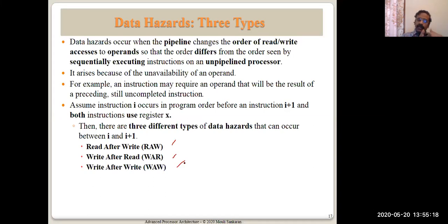Performance is impacted, but correctness is assured. You are stopping the instruction, so performance is affected, but you have detected the hazard and you are not allowing the instruction to execute taking wrong data. So you have made sure correctness is assured.